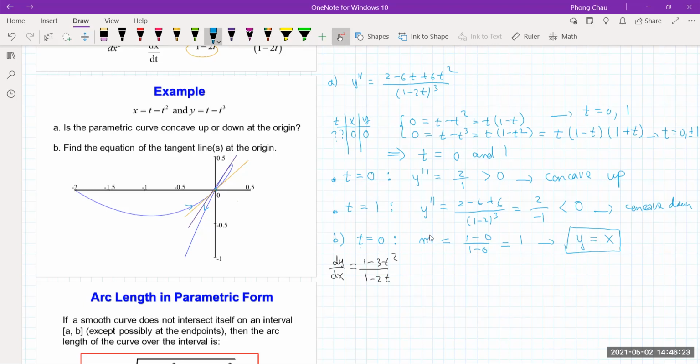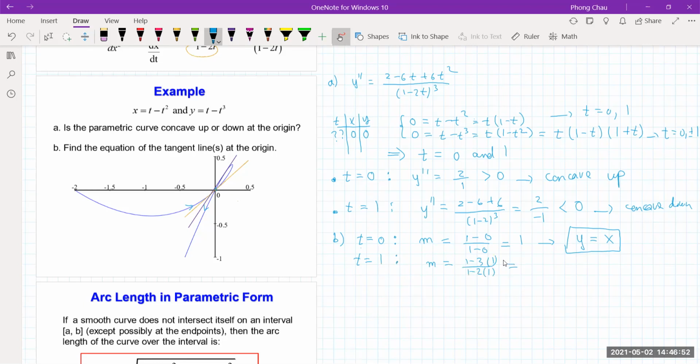Now, in the second case, when t equals 1, we use the same formula, but with t equals 1 in this case. So t is 1. So m equals 1 minus 3t squared, so that's 1 minus 3 times 1, over 1 minus 2 times t, or 2 times 1.